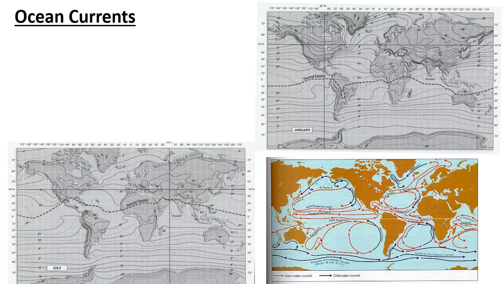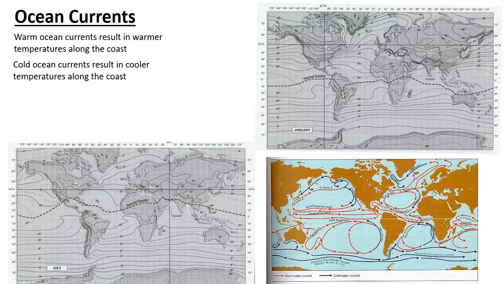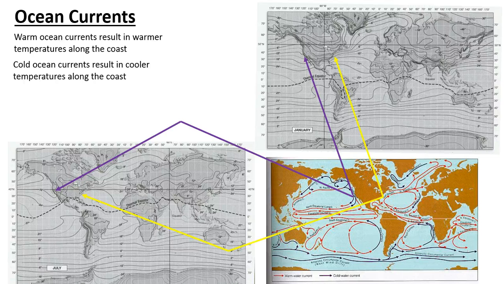A warm current running up the coast of a continent will result in warmer temperatures along the coast, while a cold current will result in cooler temperatures along the coast. Regardless of the time of year these factors apply, as can be seen by the colder temperatures found along the west coast of the United States and the warmer temperatures found along the east coast of the United States.